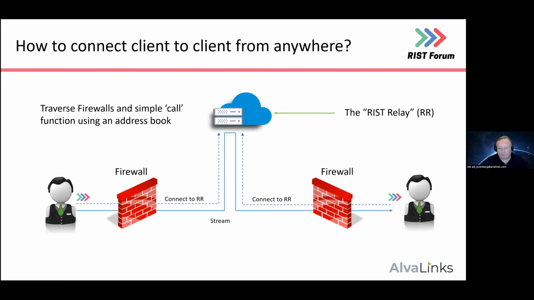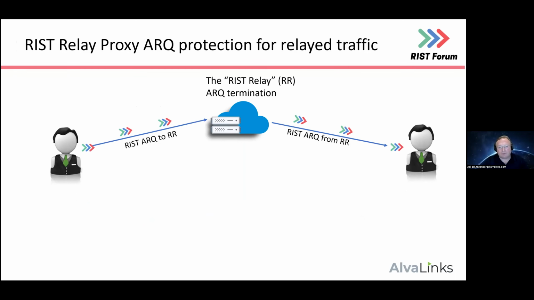Hey, what's bad with that? The next question was what do we do with the ARQ? We said, let's have two options. One is that, just like other solutions out there, a RIST relay will do ARQ termination, meaning that it will be able to recover lost packets on the path from the peer to it and from it to the other device.